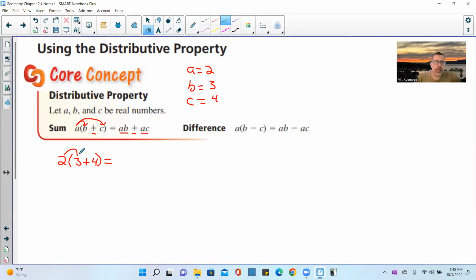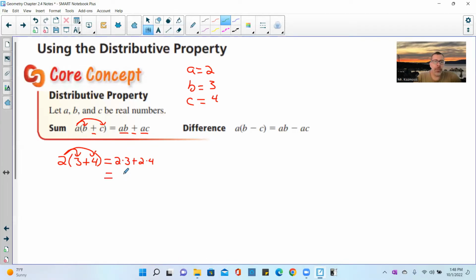So we're going to do that here. 2 times 3, and I'm not going to write the answer, I'm just going to show it. 2 times 3 plus, and then I distribute the 2 to the 4. 2 times 4. So this is 2 times the quantity 3 plus 4, which is the same as 2 times 3 plus 2 times 4.